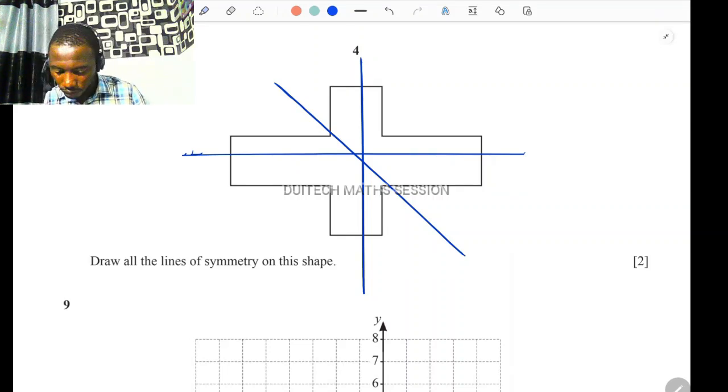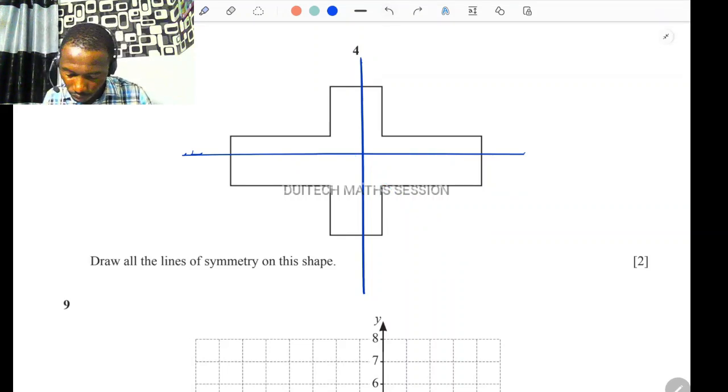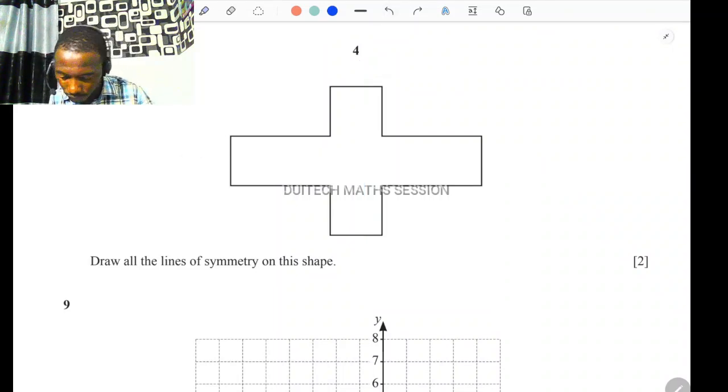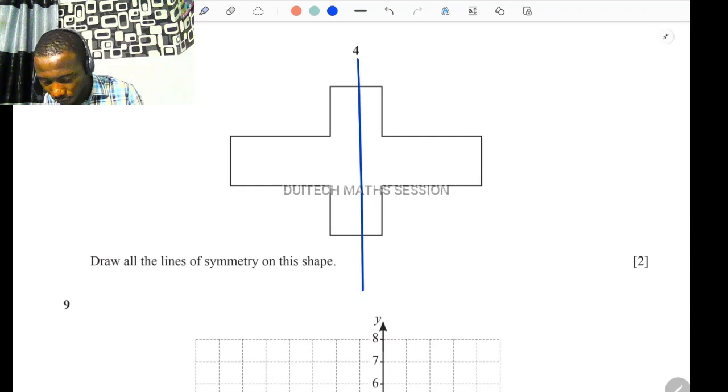The next one, I didn't get that one correctly, but make sure your work is correct. Make sure you get the center of whatever you are doing, because that's where your mark is going to be given to you. Make sure you get them correctly by drawing something at the actual line.